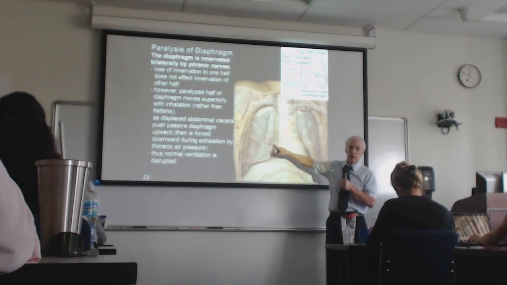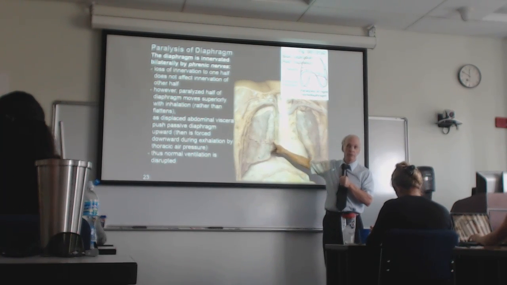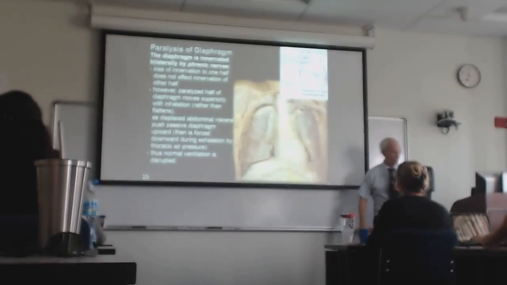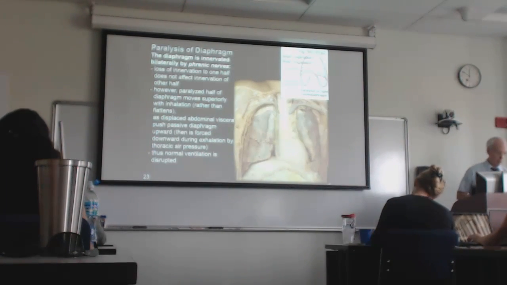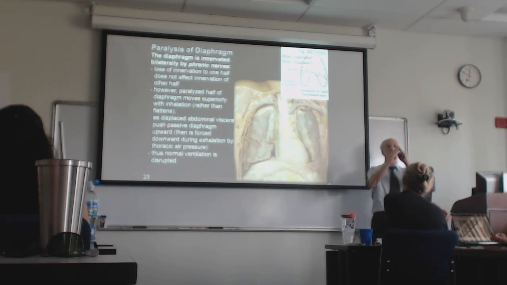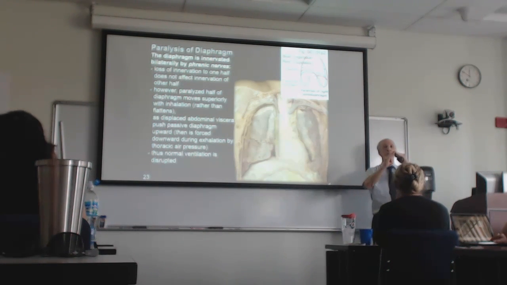There might be unilateral loss of innervation to one side of the diaphragm, either for neurological reasons or some other mechanical reason. And when that happens, what we're going to find in the physiology is that when the diaphragm contracts, it flattens, paradoxically, it flattens. And that spreads the bottom of the rib cage and does some other things as well.